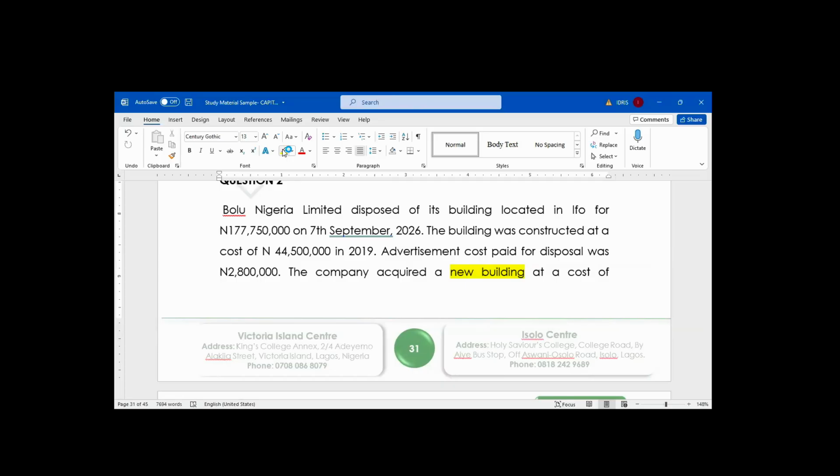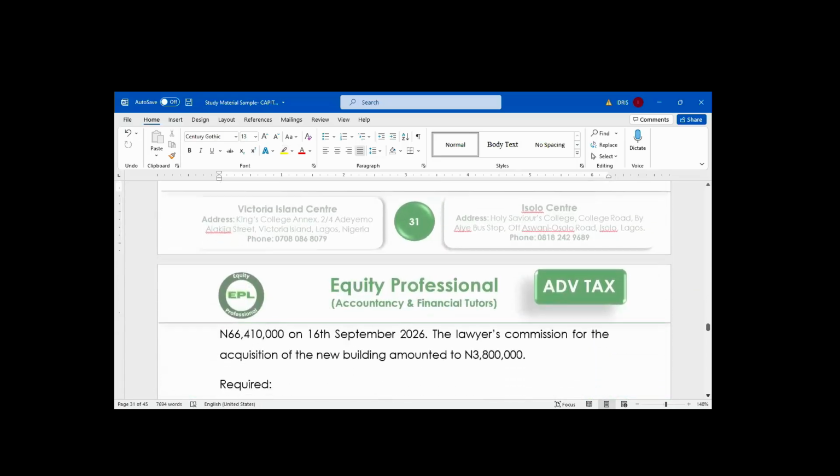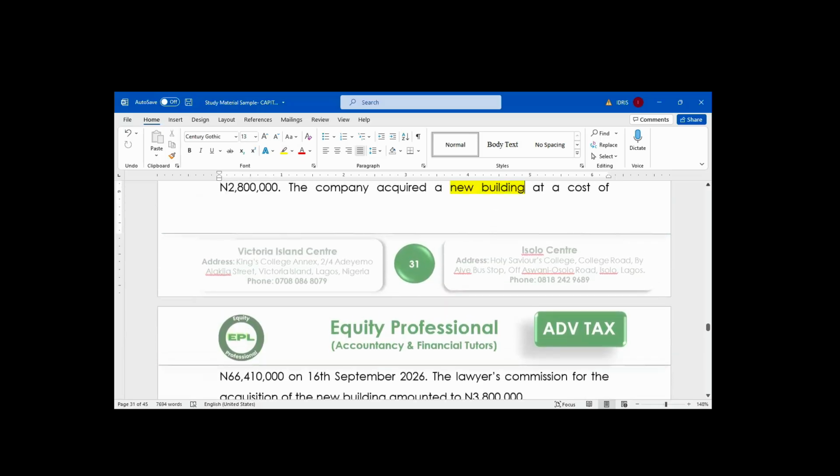The second question is, what type of rollover relief is this? So that I know whether I will pay capital gain tax or not. We are still going to solve the question. How much is the new building that was acquired? 66,410,000.